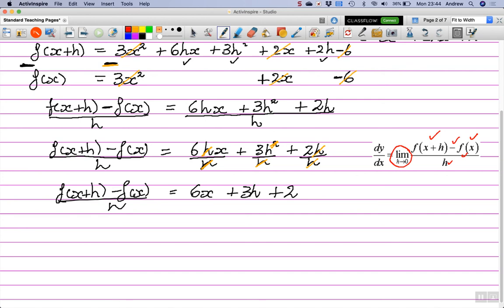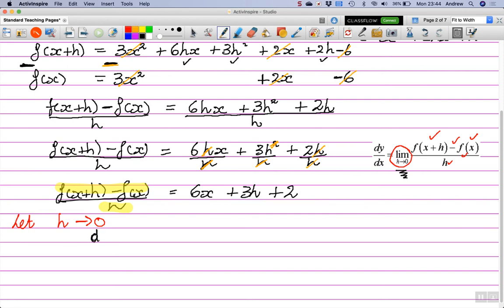So what we're going to do now, I'm going to do that in red. I'm going to say let h tend to 0. Now what you've got to remember at this stage is when you let h tend to 0, this item on the left-hand side becomes dy dx. When h tends to 0, then this f of x plus h minus f of x all over h becomes dy dx.